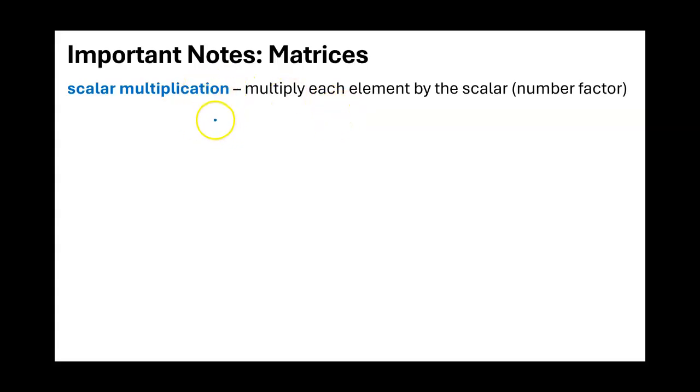Let me give you a quick example. Let's say I have the matrix -2, 4, and then 1, -3, and I have a multiplier, which is 3. This is an example of a scalar multiplication. It's a number times a matrix. From the rule here, all you need to do is multiply the scalar to each element.